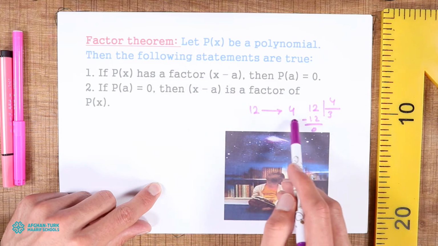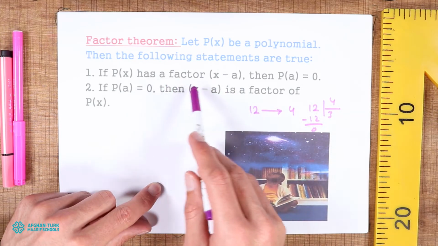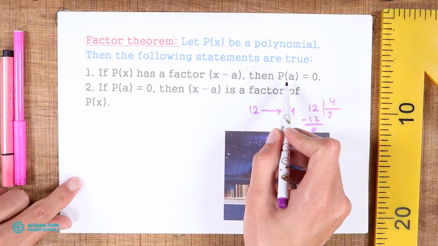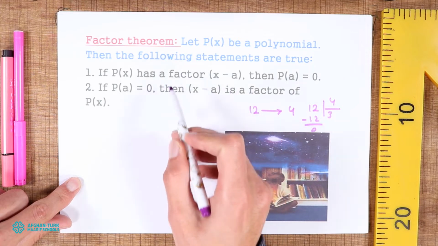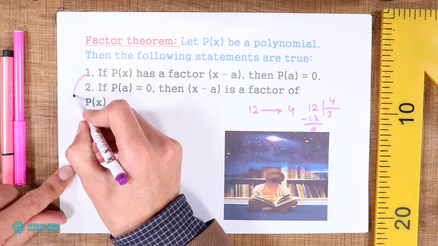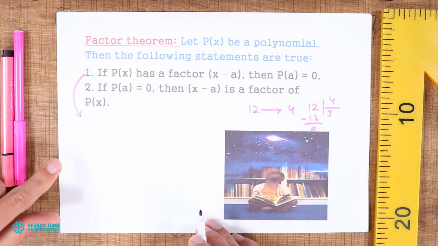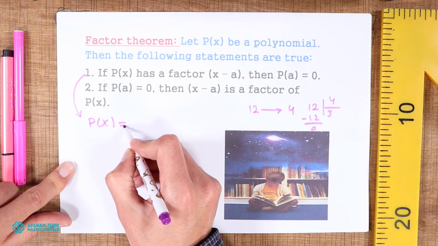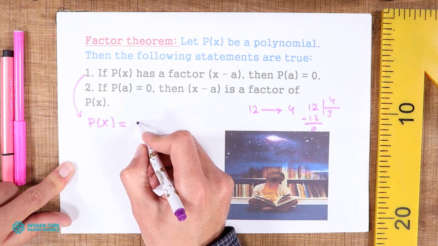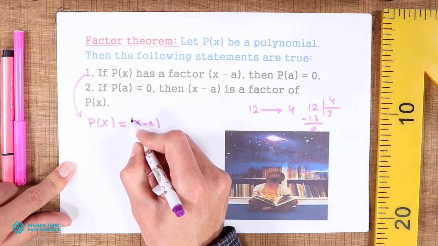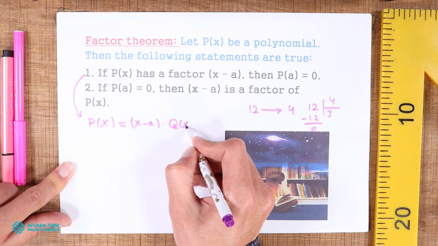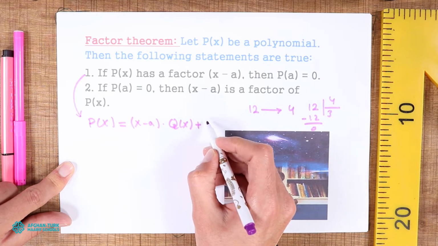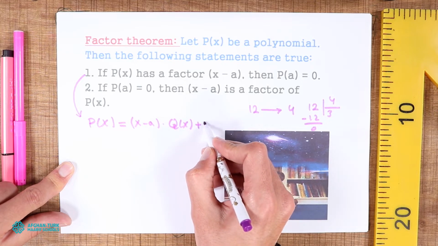So this works both in arithmetic and in polynomials. Every time you can check that when the remainder is 0, x minus a is a factor of p of x. From this statement, we will have p of x is equal to x minus a times q of x plus r, as we said in division, plus r or remainder.